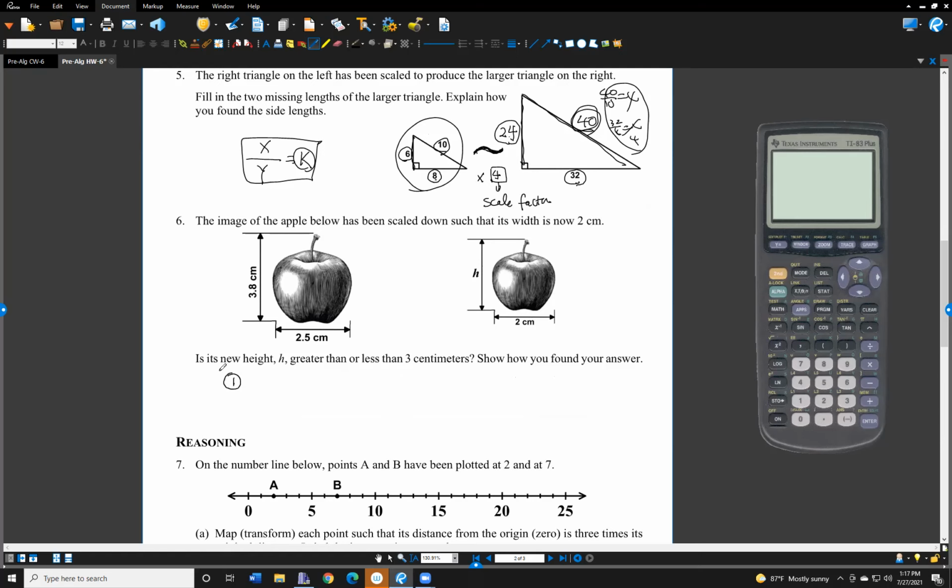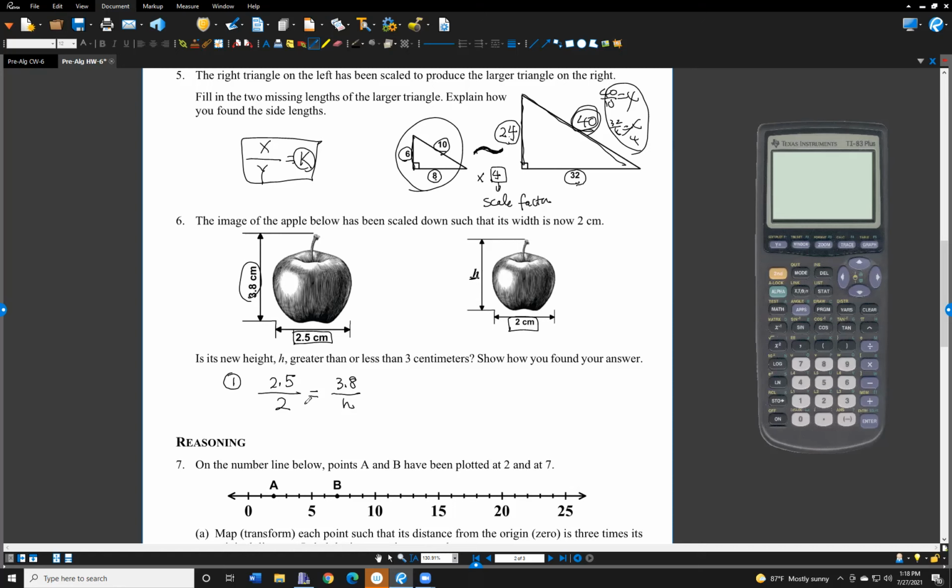Corresponding sides in proportion, right? So this one and this one shrink. This is 2 over 2.5, the ratio of these two corresponding sides. That's the ratio. Now h is over the corresponding side, the same order in the numerator. Now 3.8 changes to h. They're gonna shrink at the same rate. You can use this one.